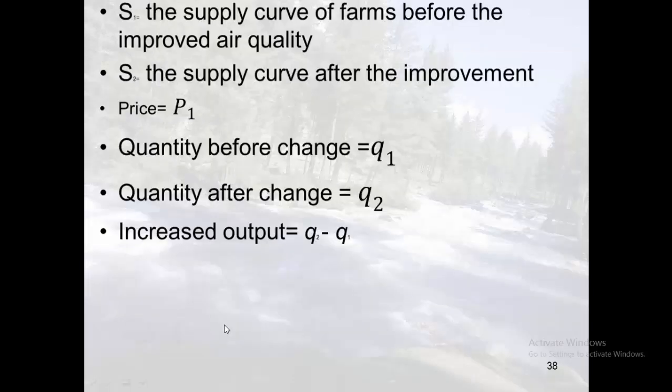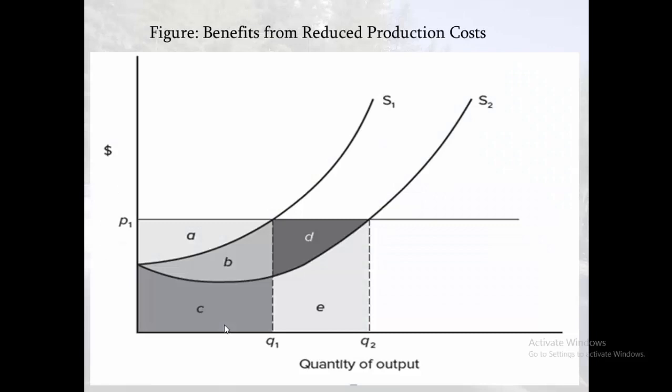S2 is the supply curve after improved air quality. When certain measures are undertaken to improve the quality of air, then the supply curve of this farm increases to S2.